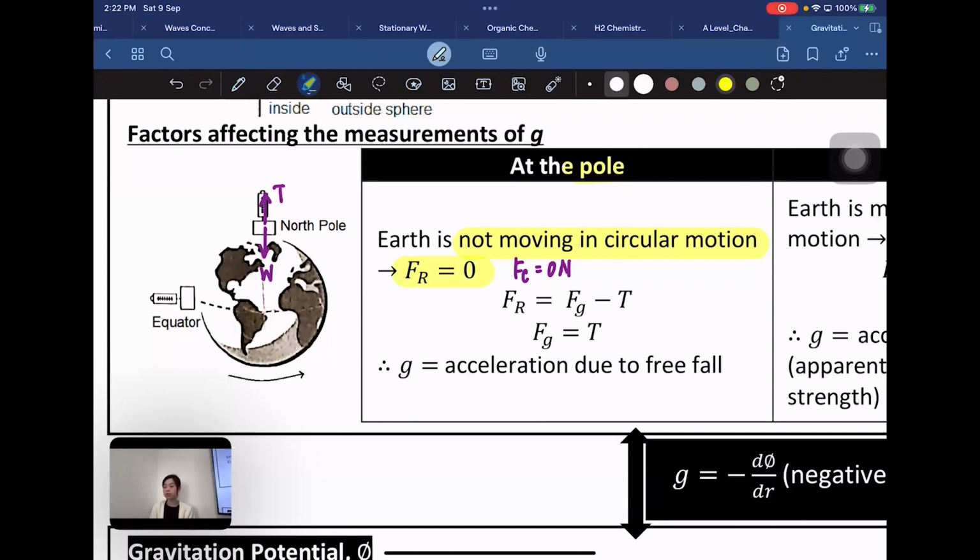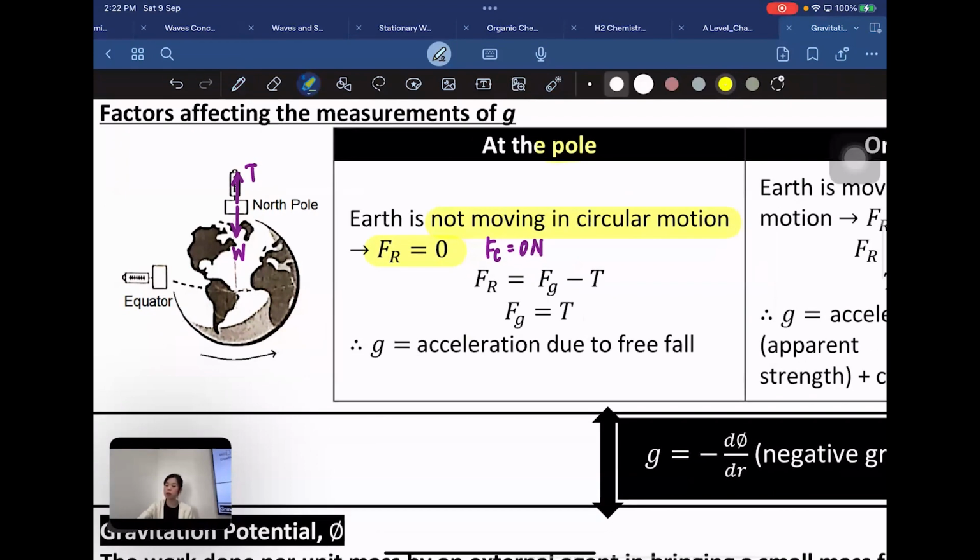So as such, since my centripetal force is equal to 0, that means my weight should balance my tension. So my weight here is equal to tension. So if I'm looking at the apparent acceleration at this point, which is ma, this is equivalent to mg. If I cancel, this concludes that my object at the pole will be falling due to gravity as per normal. Understand?